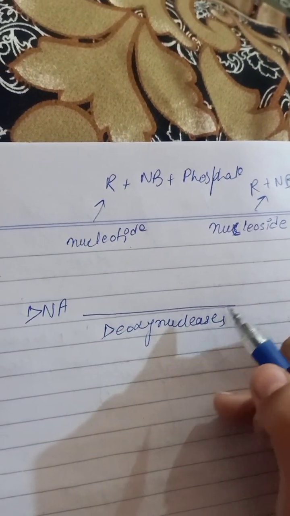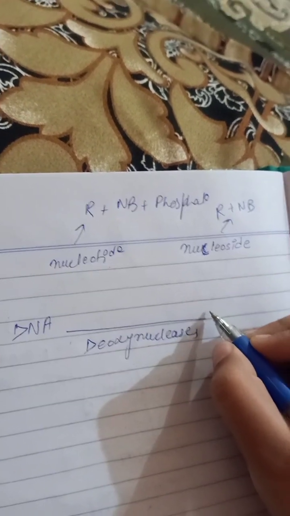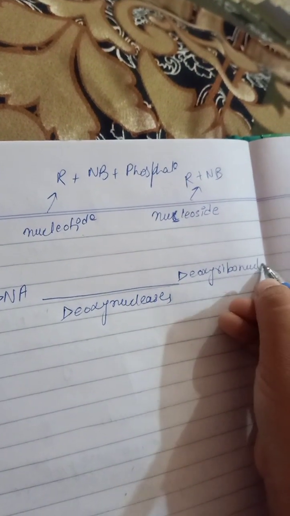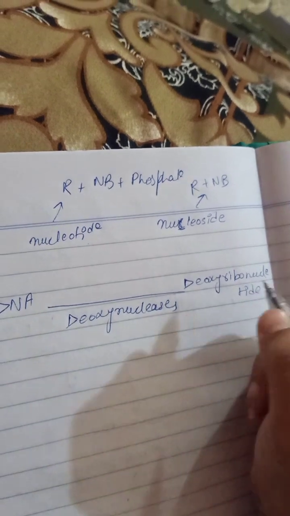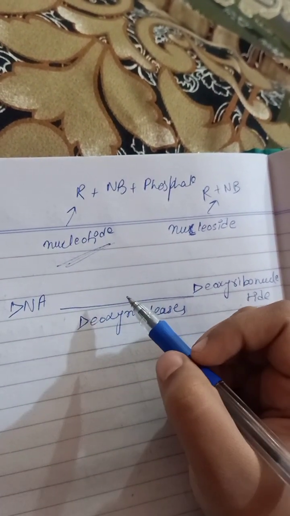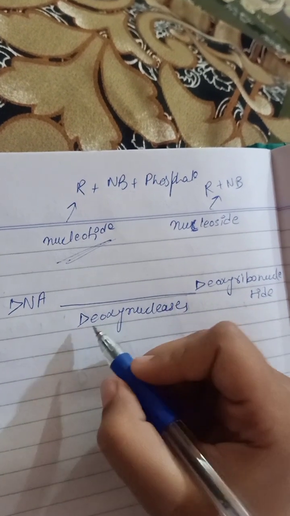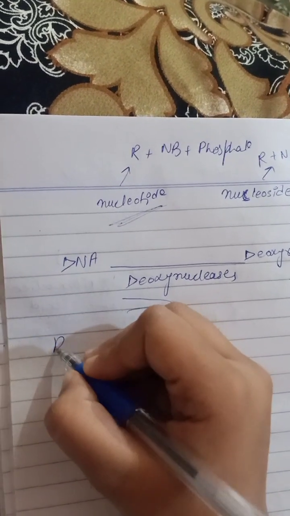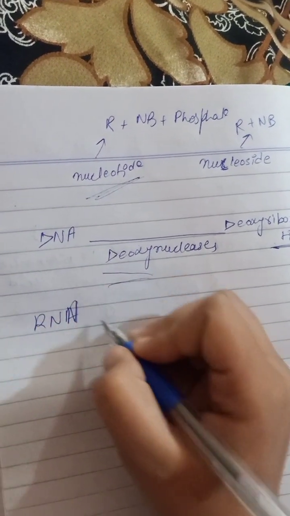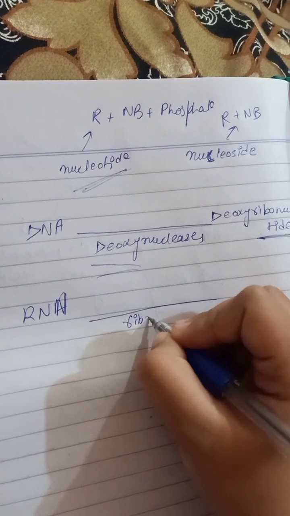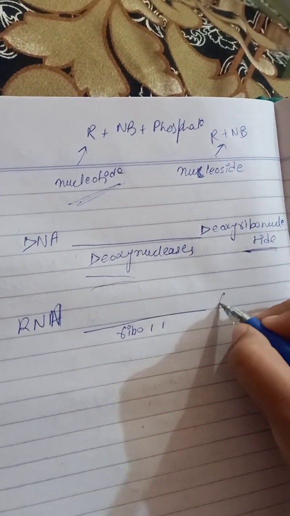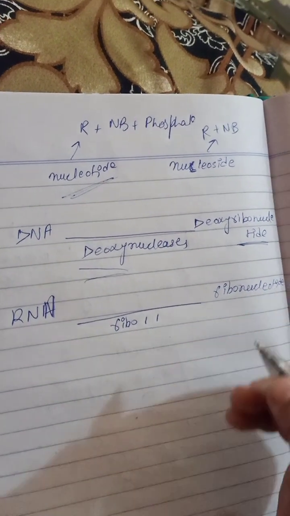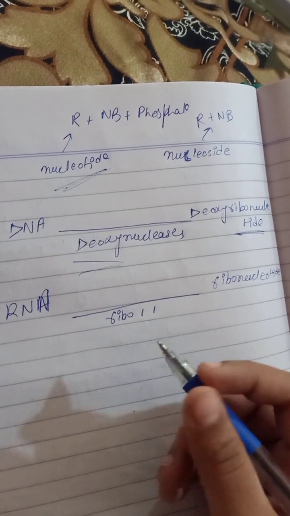Here the deoxyribonucleases will work and break DNA into deoxyribonucleotide. As I said, DNA first breaks down into nucleotides in the presence of the enzyme. If you're talking about RNA, the ribonucleases will work and further break it down into ribonucleotide.